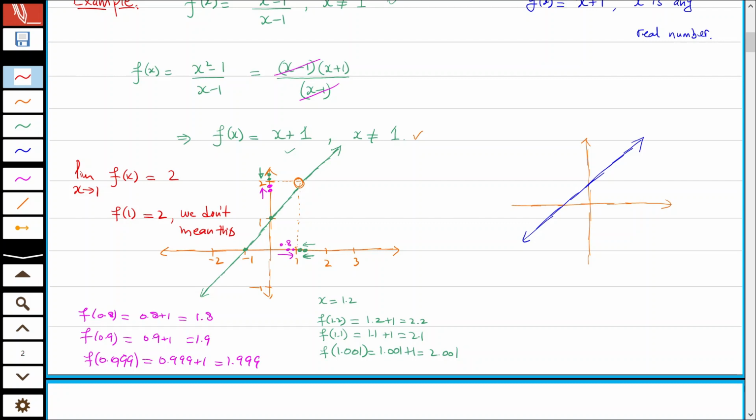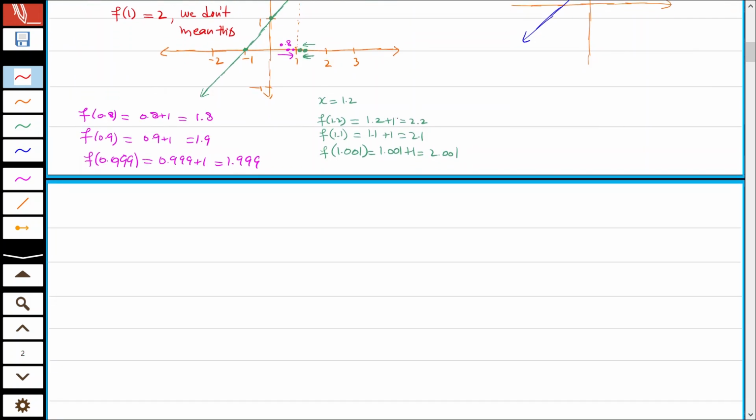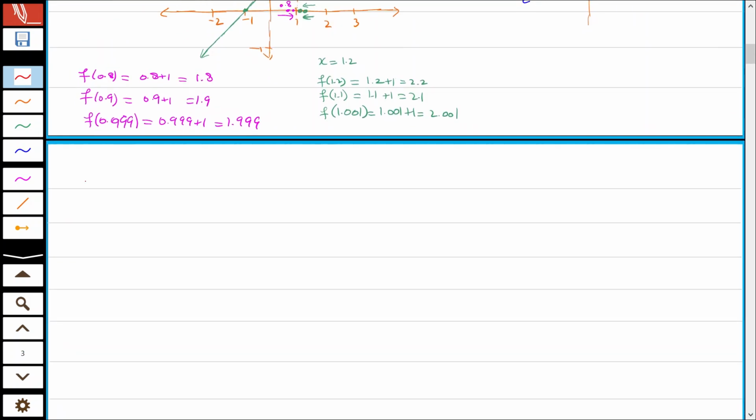Okay, now consider this function. I'm going to modify this function. I'm going to create a piecewise function. Let's create a new one. Let's call it h of x.